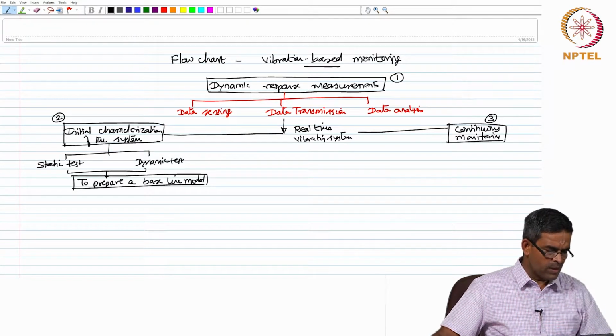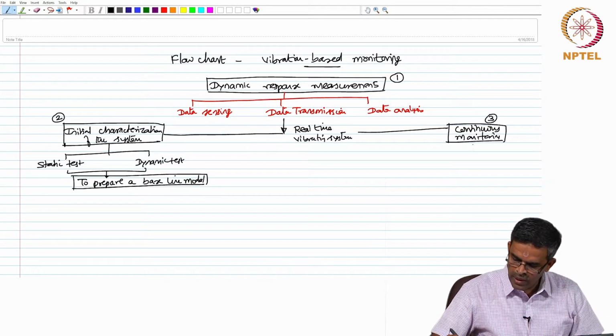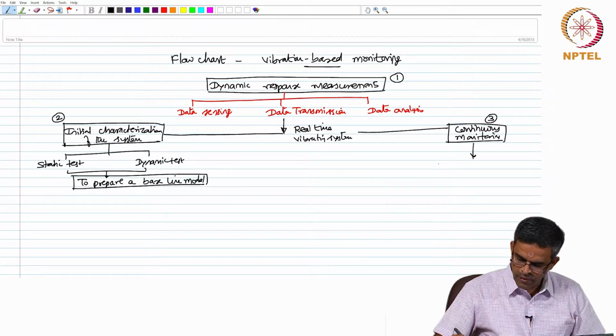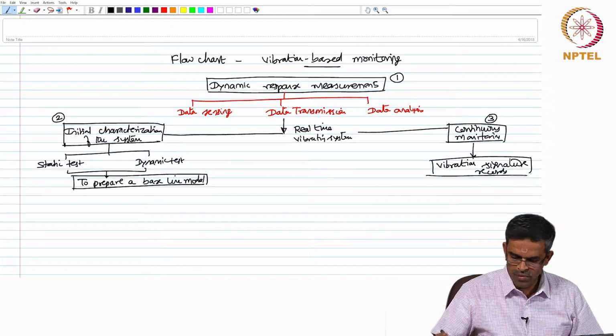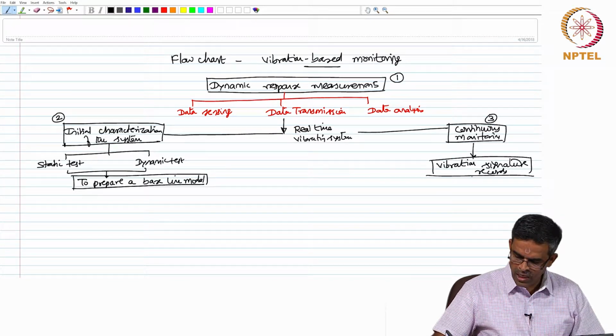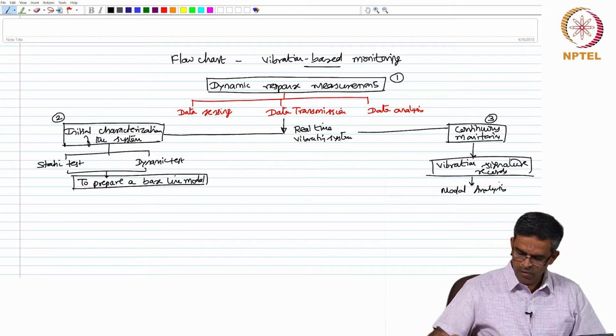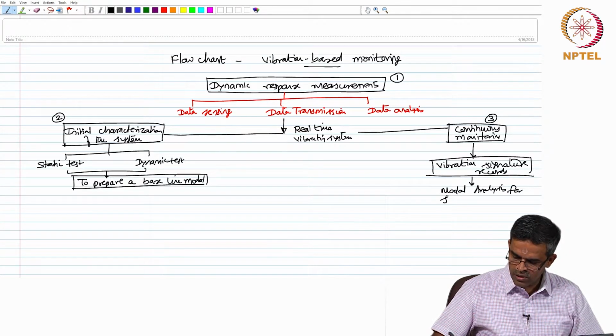Similarly, from the continuous monitoring, one can achieve the vibration signature records, which can be useful in doing modal analysis for structure which is functional, that is operational.